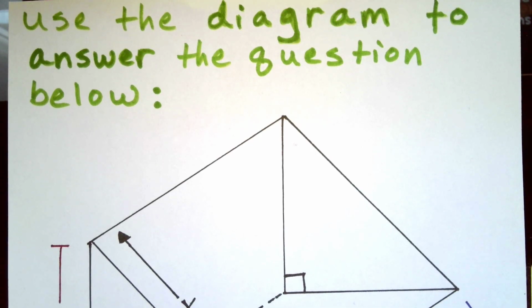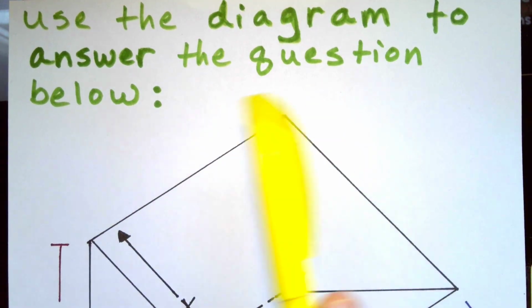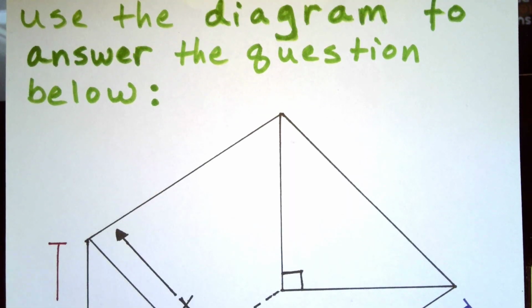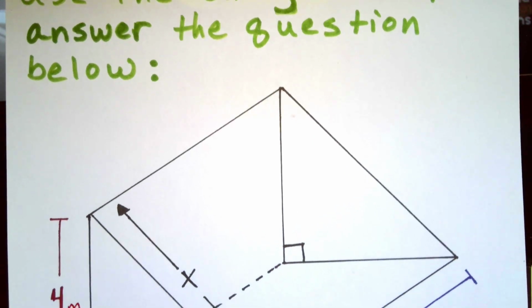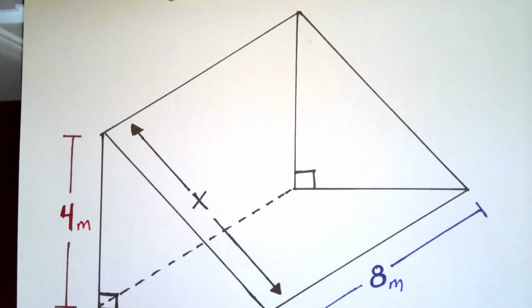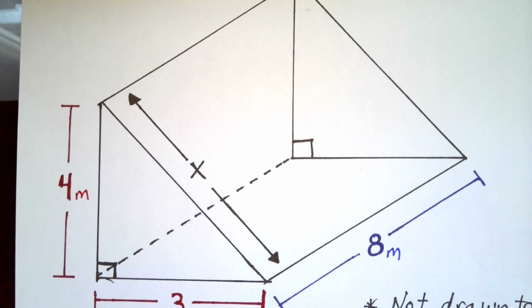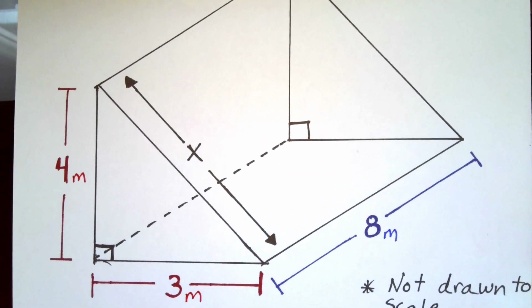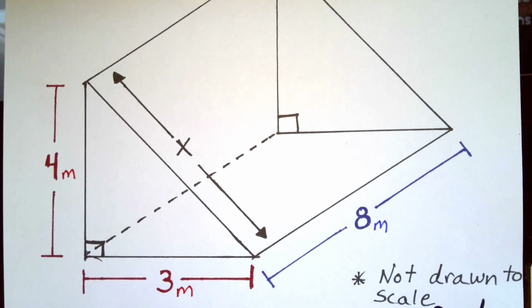Use the diagram to answer the question below. We have the same diagram as the previous video, however, a different question. Let's take a quick look at the diagram. Again, we have a triangular prism, not drawn to scale.